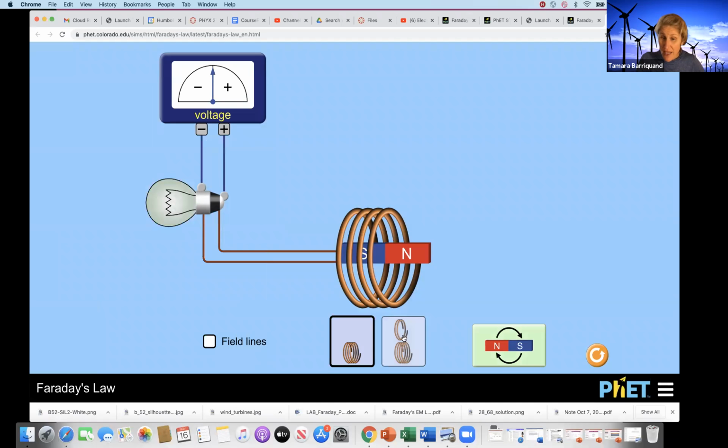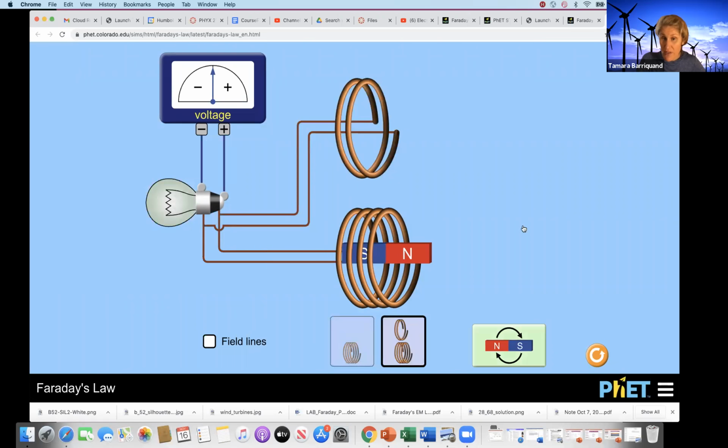We can also look at two different coils, and see what the effect of different coils would be on our magnet as well. So I want you to play with this simulation. There's a link to it here. I want you to play with it and see what you can discover about moving your magnet into different coils of wires and how you can get different reactions.